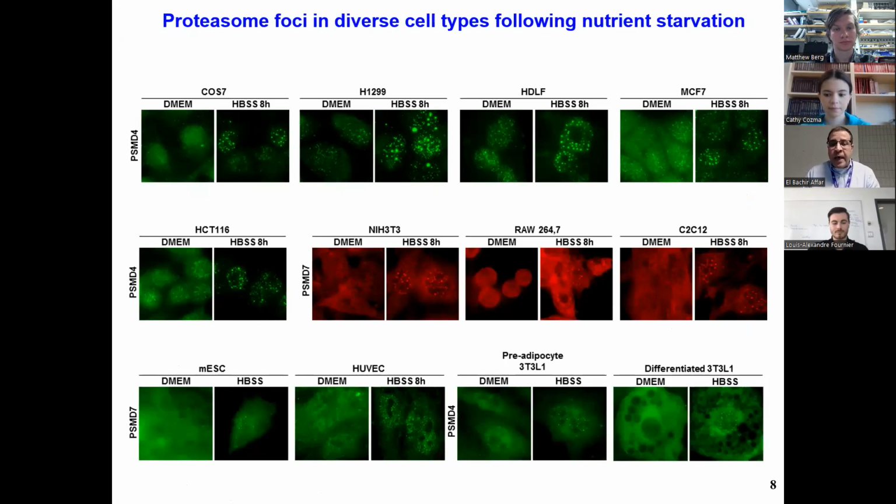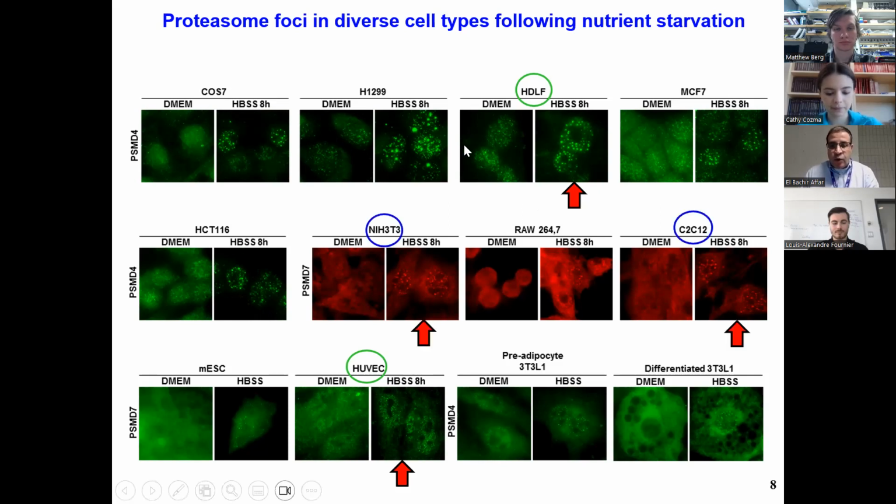So next, he wanted to know whether this is a general phenomenon that can be observed in different cell types. So he took many mammalian cell types. It can be primary cells, and when he does his nutrient deprivation, he could see these very nice foci forming in the nucleus.